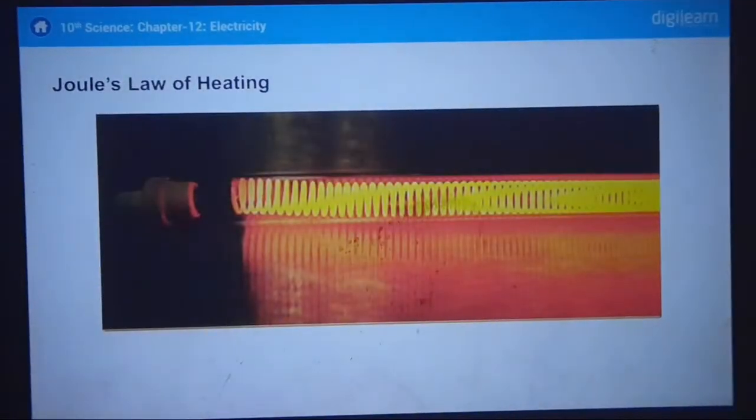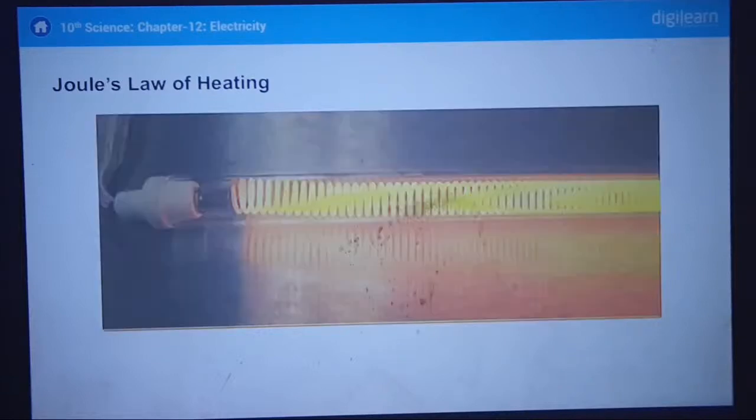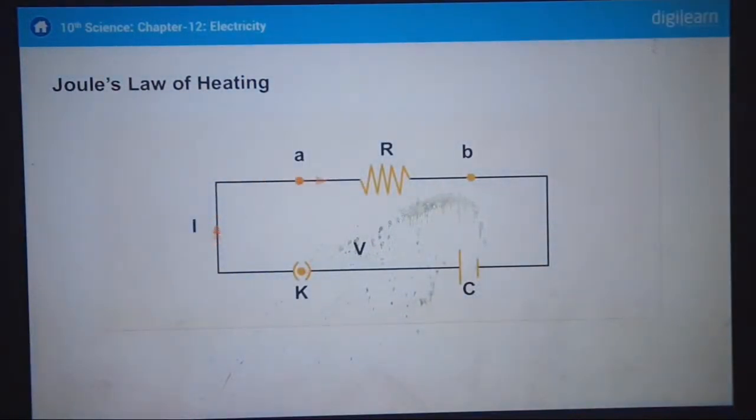Joule's law of heating. Let an electric current I be flowing through a resistor having resistance equal to R. The potential difference through the resistor is equal to V. The charge Q flows through the circuit for the time t.